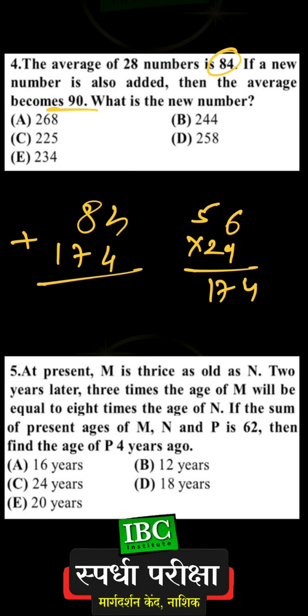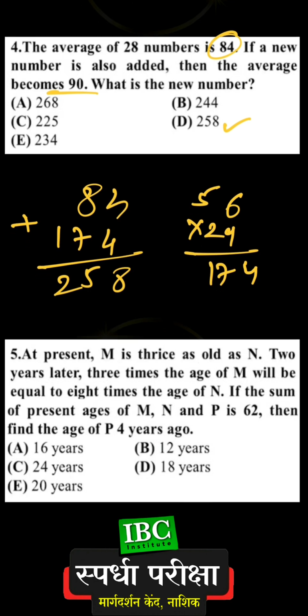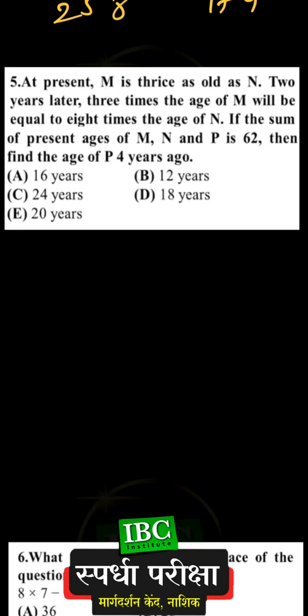So the actual value of the new number is 84 plus 174, which is 258, the number which was added. Okay, now the next question.